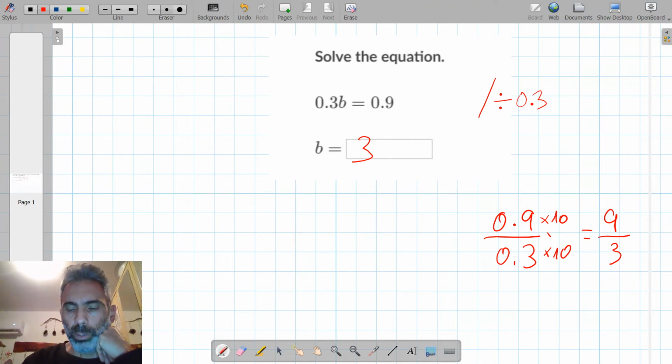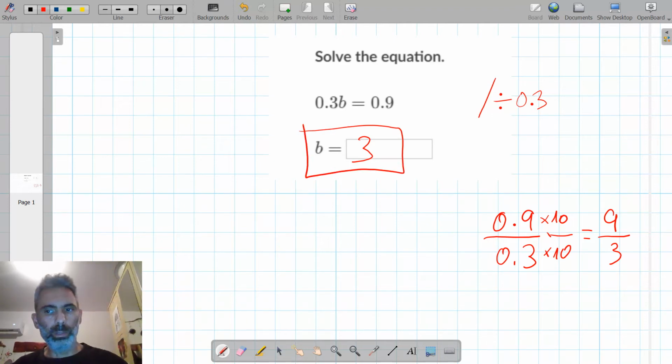If we multiply the numerator and the denominator by the same number, it's basically like we have multiplied it by 1, which does not affect the value of this fraction. So 9 divided by 3 is the same thing as 0.9 divided by 0.3. And 9 divided by 3 is 3.